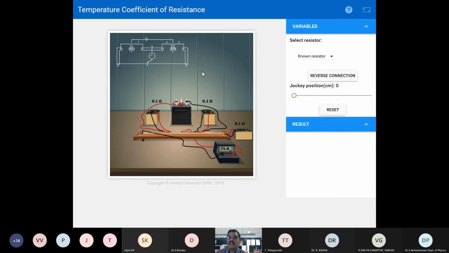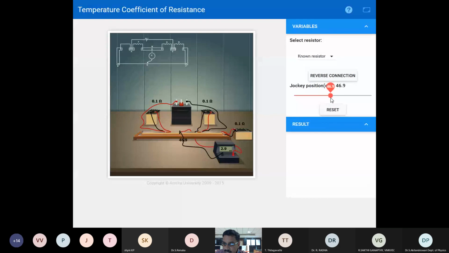This experiment is done for the known resistor first, to find out the resistance per unit length, the rho value that all of you might know. Here the galvanometer is there. Now I am varying the position of the jockey to find the L1 value. See, it is showing null deflection.